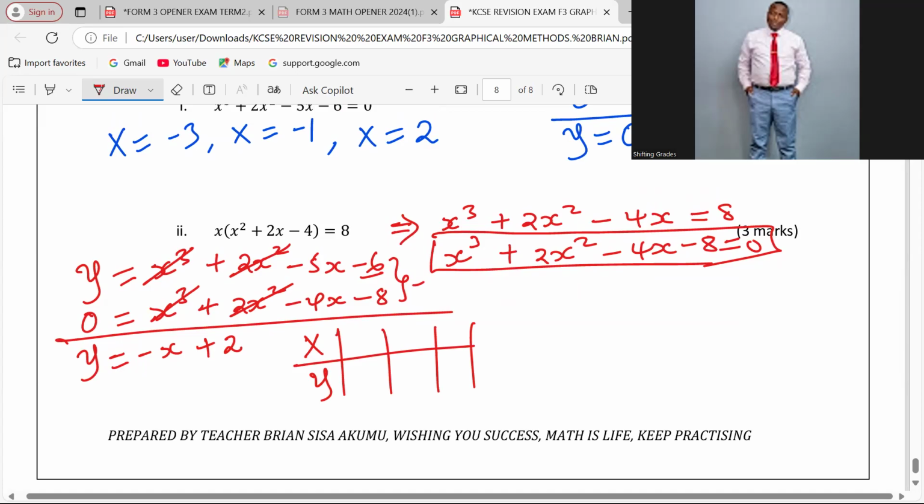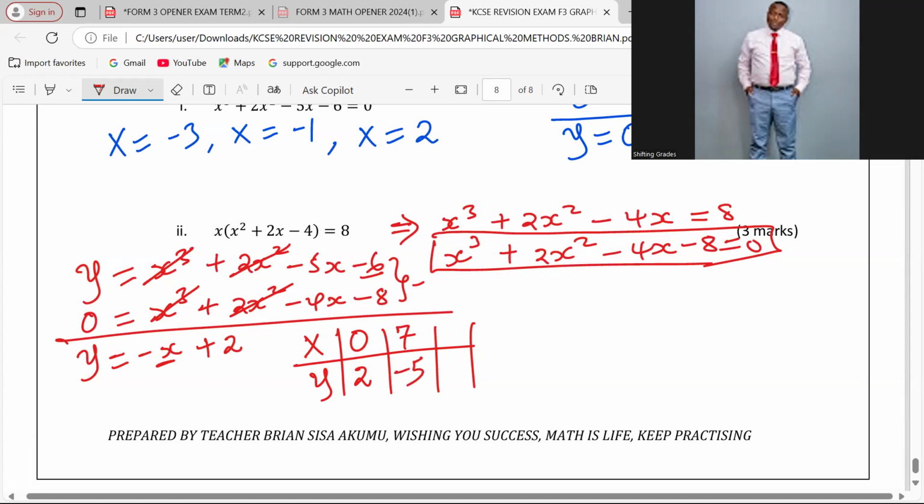So when x is 0, for example, the value of y will be 2 because we just need to substitute 0 at this point. When the value of x is 7, what will be the value of y? We substitute 7 at this point to be negative 7 plus 2, negative 5.